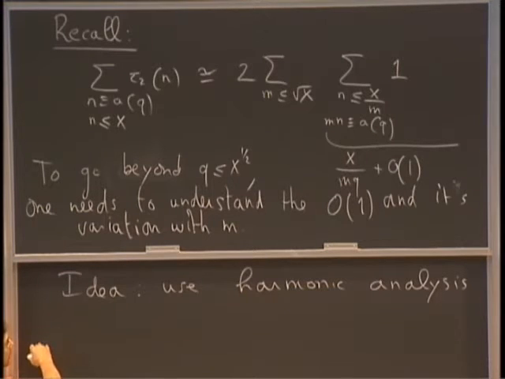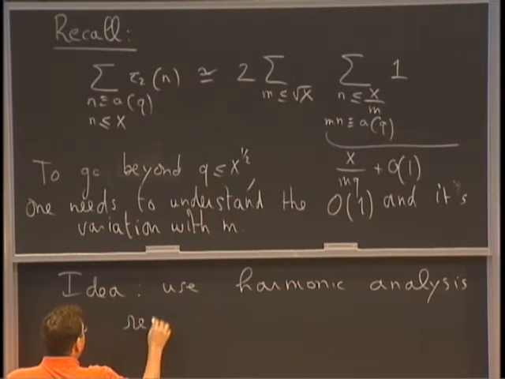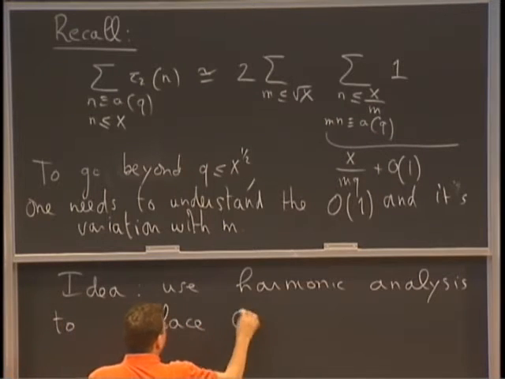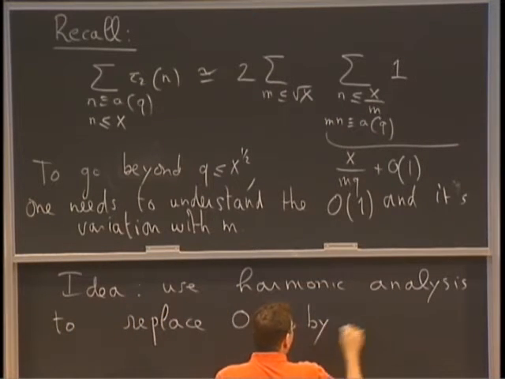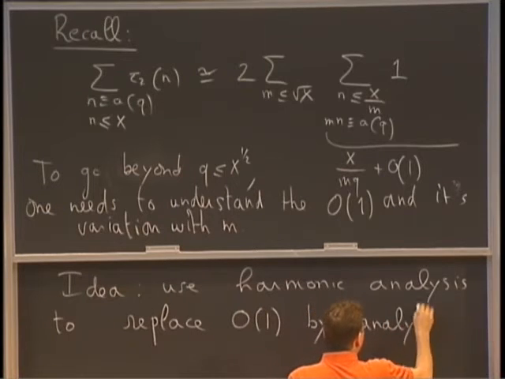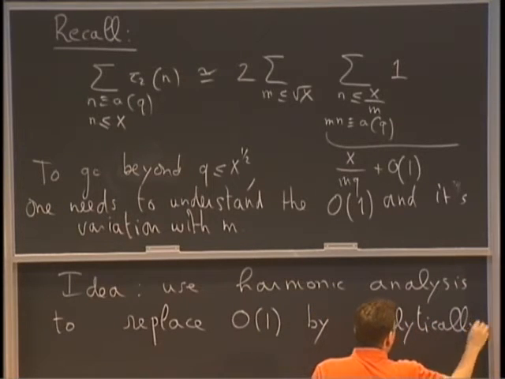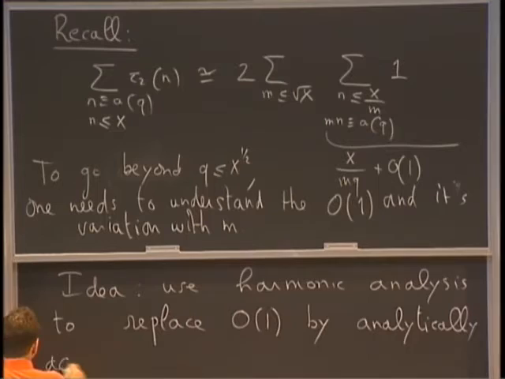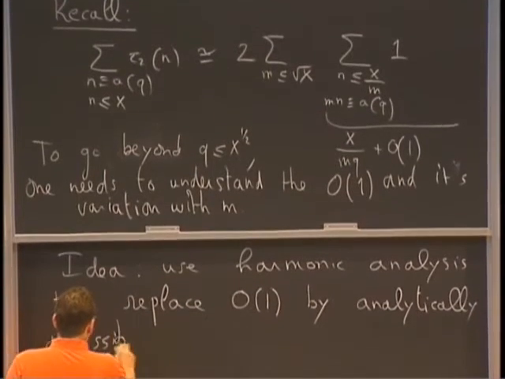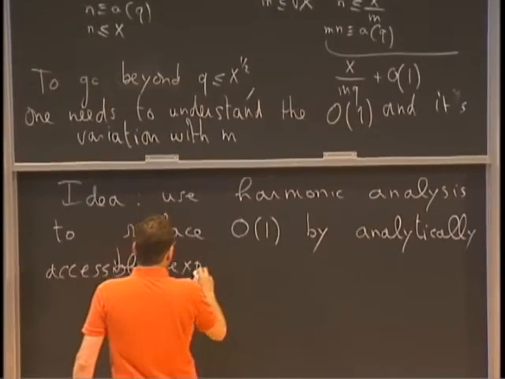The principal character tells you what's the main term in a very natural way, and the others have to be handled to understand the error term. So to replace big O of 1 by analytically accessible expressions.